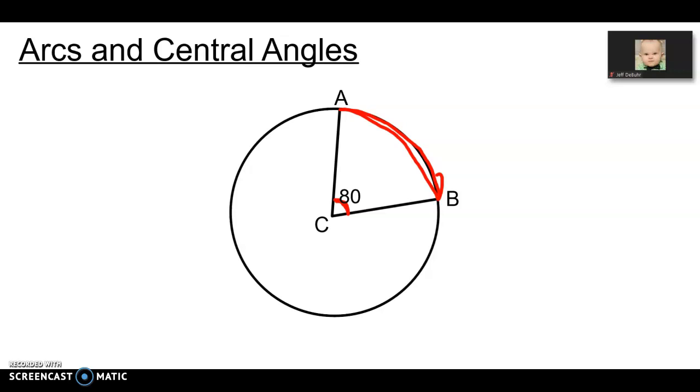So therefore, if the central angle is 80 degrees, then we could say arc AB is 80 degrees. So that's the portion of the circle, the part of the 360 degrees that has been covered. And our rule for today, the only rule in our homework is going to be the measure of your central angle is going to be equal to the measure of the arc.